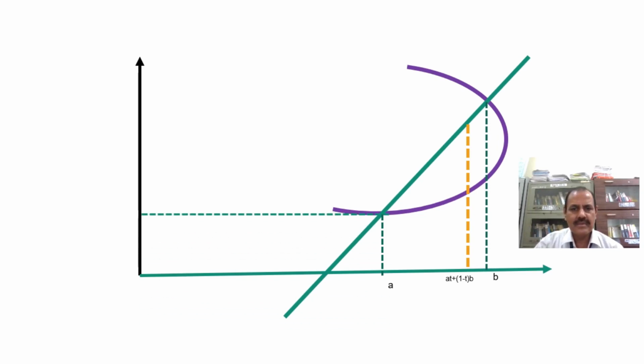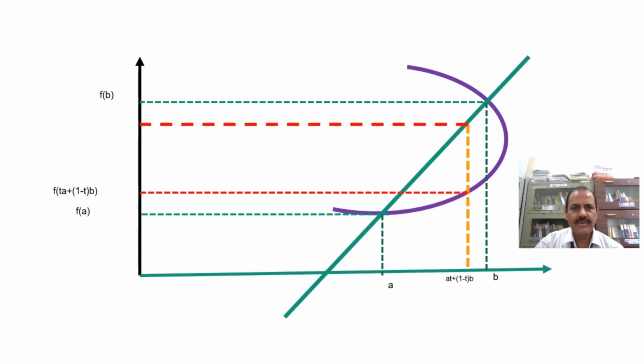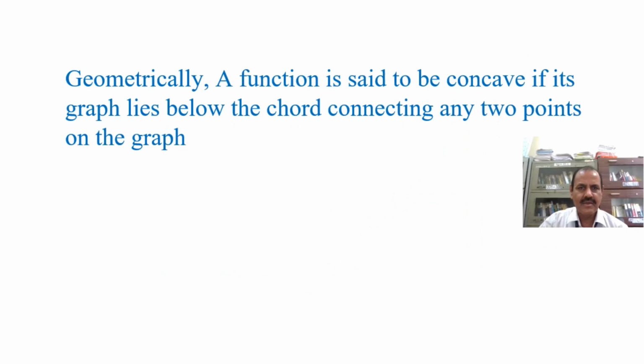Let us see the images of A. This is f(a), this is f(b), this is f of (t a plus (1 minus t) b), and this is t times f(a) plus (1 minus t) times f(b). So geometrically, a function is said to be convex if its graph lies below the chord connecting any 2 points on the graph, as seen in the earlier graph.